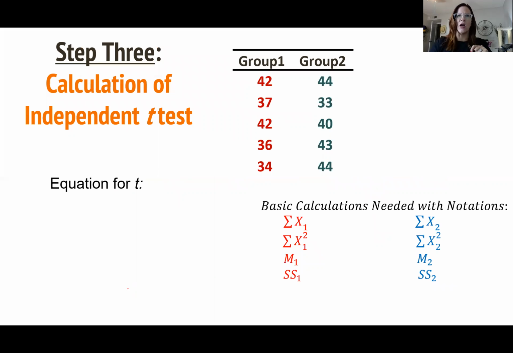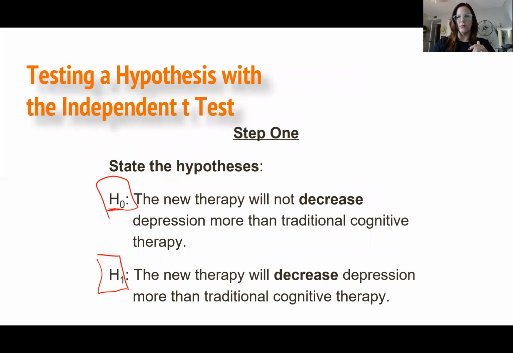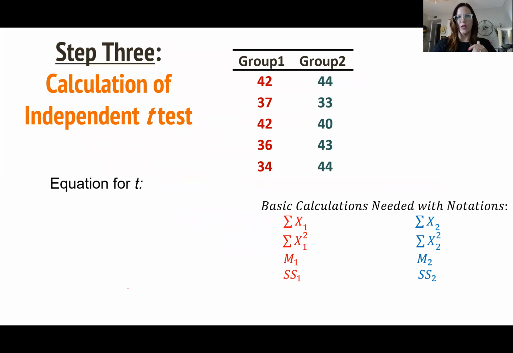So here are our raw scores. And we're going to go through all the things that we're going to need to calculate everything for this test, so bear with me. What I always recommend students do is write things down.